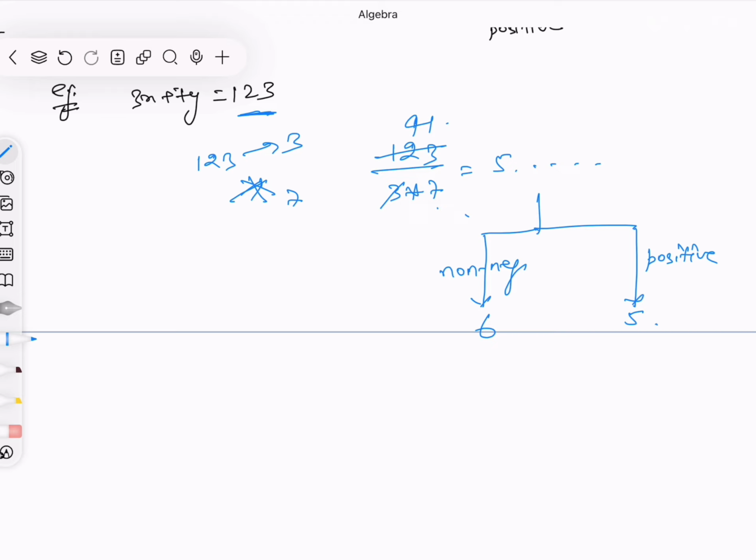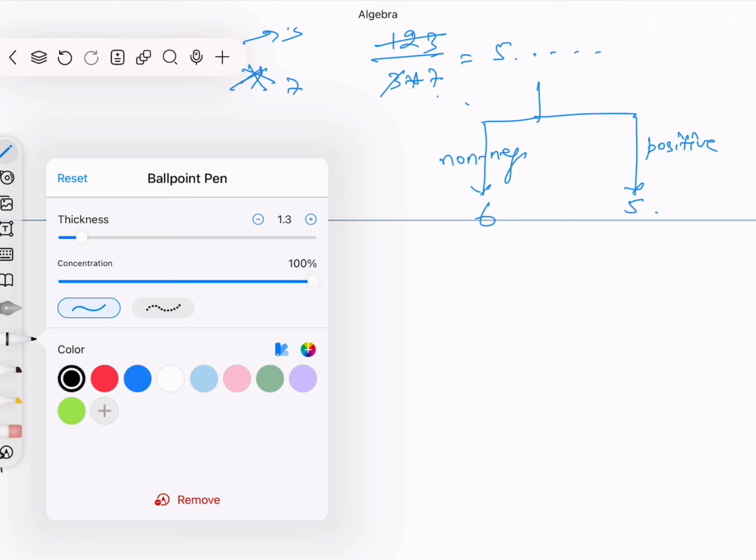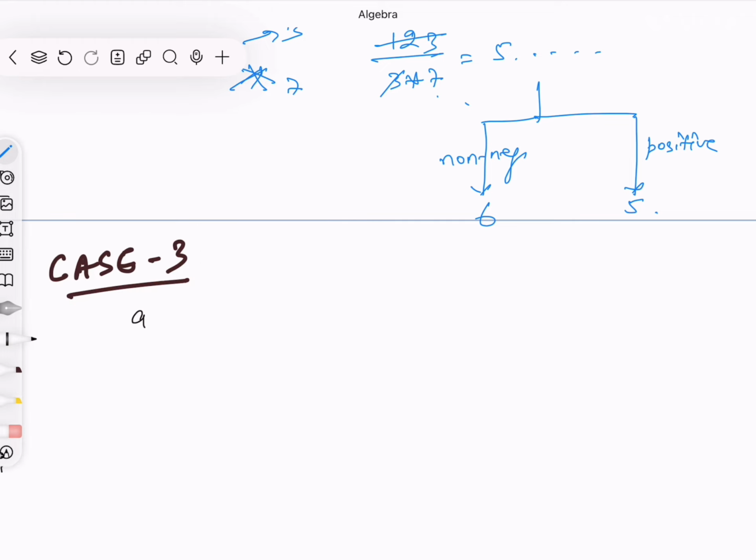Let's see case 3. Again, you have the equation ax plus by equals k. Now this time, none of a or b is a factor of k. Neither a nor b.